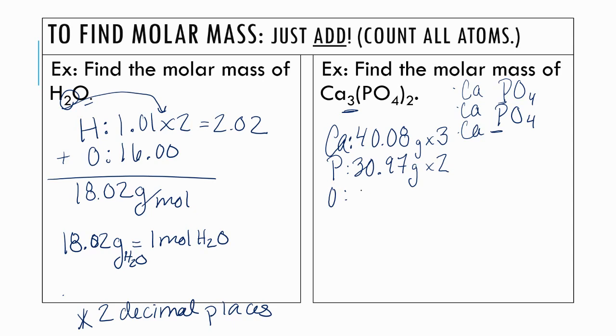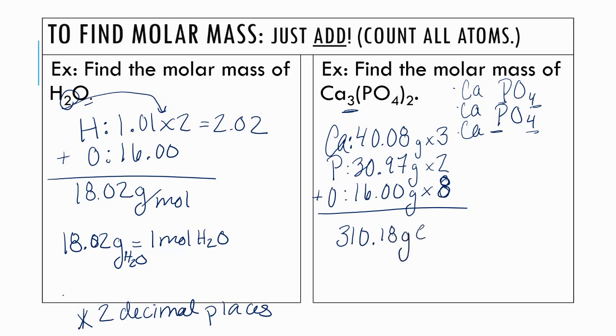Oxygen has a mass of 16, and I have 4 plus 4, or 8 oxygen atoms.